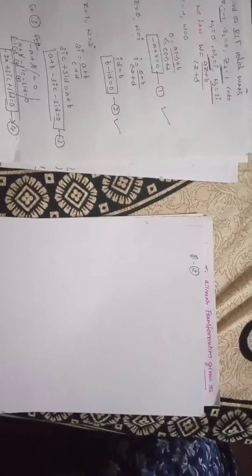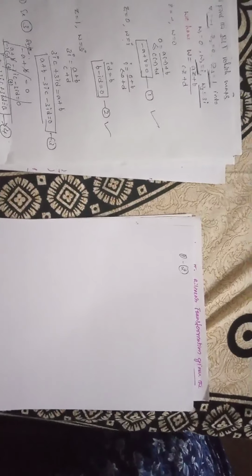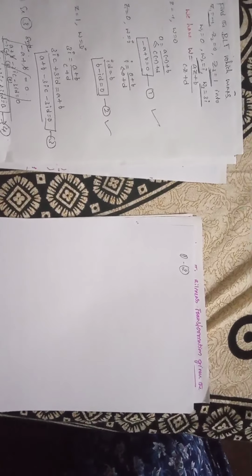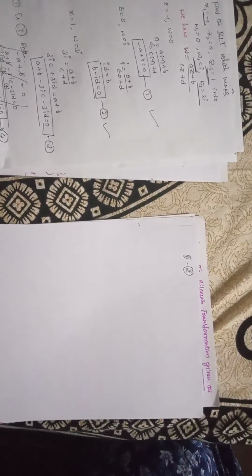Equation number 1 is minus a plus b equal to 0. Equation number 2 is b minus id equal to 0.